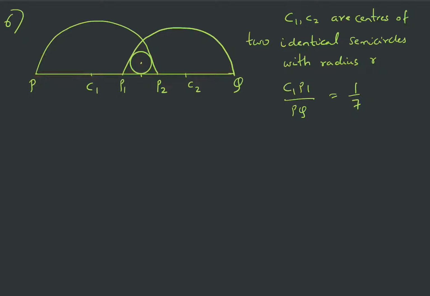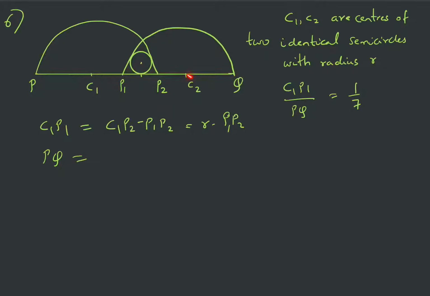Okay. So C1 P1 is nothing but C1 P2 minus P1 P2. Okay, now I am trying to find P1 P2 in terms of r. So the C1 P1 I can write it as C1 P2 minus P1 P2, but C1 P2 is anyways r minus P1 P2. And what is PQ? PQ, if you observe, this is r, this is r, okay, this is r and this is r.